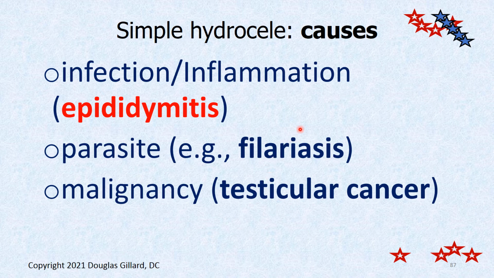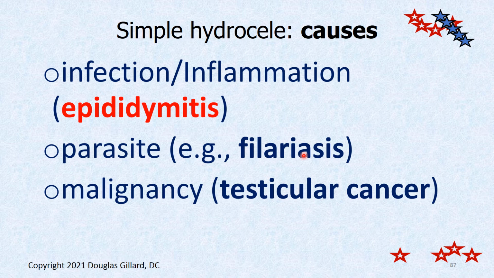The mechanism here is not so much an inflammation in the tunica vaginalis cavity, which would stimulate the cells of the tunica vaginalis membranes to overproduce serous fluid. In this situation, just the regular production of serous fluid can't be drained away because with filariasis, the bugs have gotten into the lymph system. We've talked about them before.